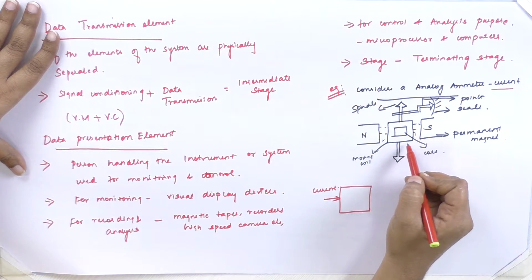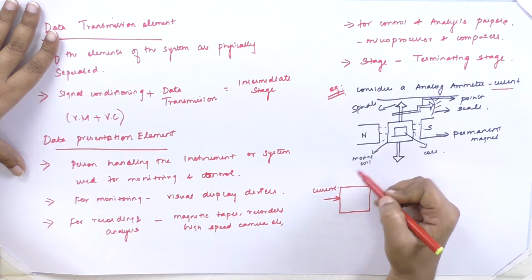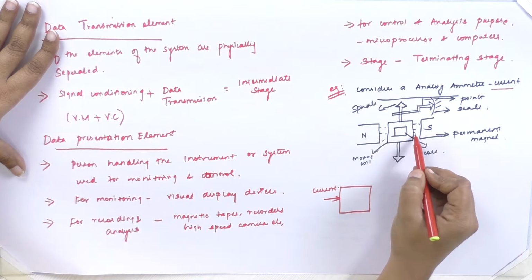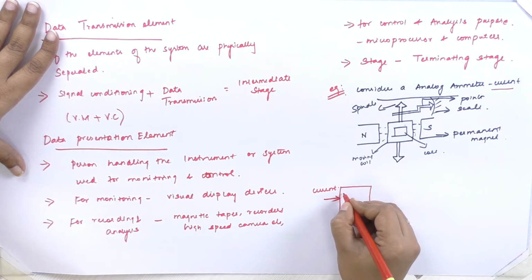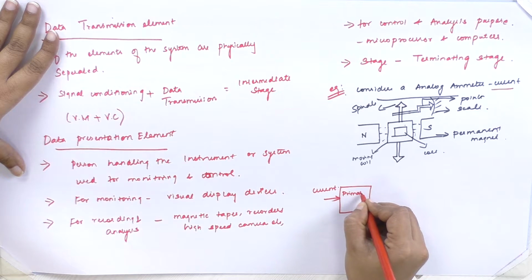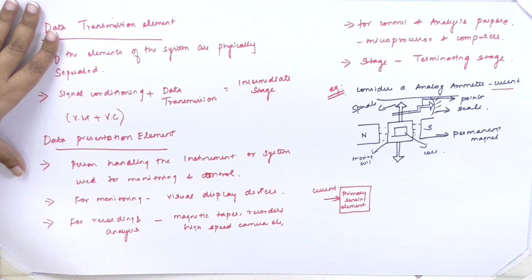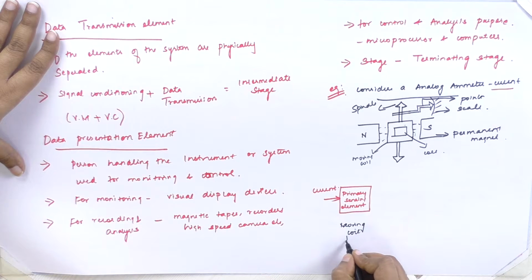What will be the first element which makes first contact with the current which is to be measured in case of ammeter? The coil. So, the current first flows through this moving coil. So, the primary sensing element in case of analog ammeter will be the moving coil, which makes the first contact with the current which is to be measured.